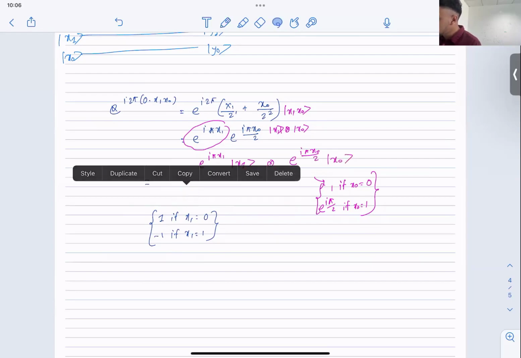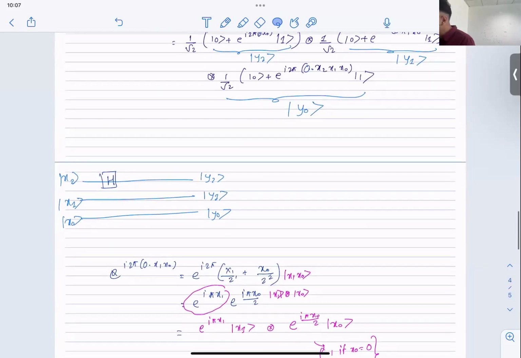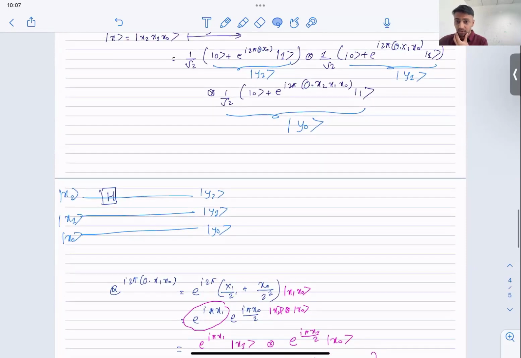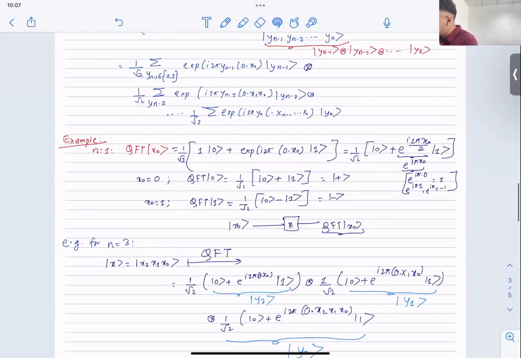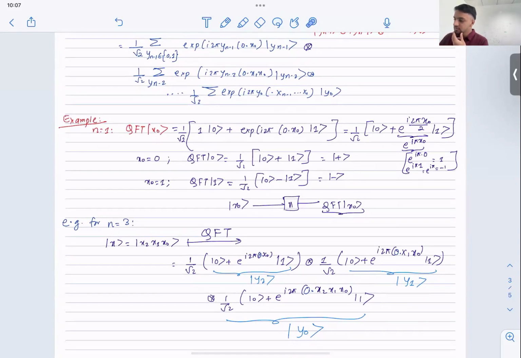Okay, so let's go back up now to focus on what we did for the 1 qubit case. For the 1 qubit case, where you had x0 transforming these to two different values, because we also have this summation, don't forget, as a sum of the 0 and the 1 state with different phases.